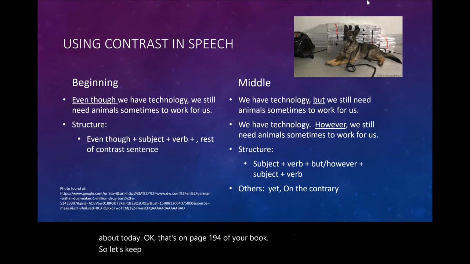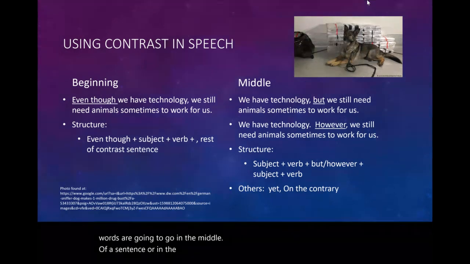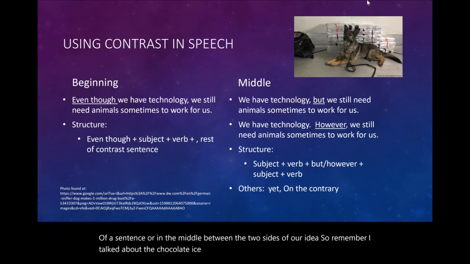Let's look at two more of these contrast signals. On the right side of your page, you see the word middle. So these contrast words are going to go in the middle of a sentence, or in the middle between the two sides of our idea. So remember, I talked about the chocolate ice cream and the vanilla ice cream, right?